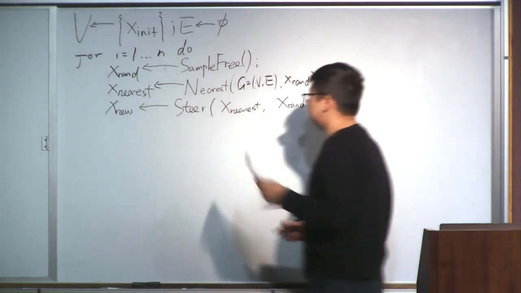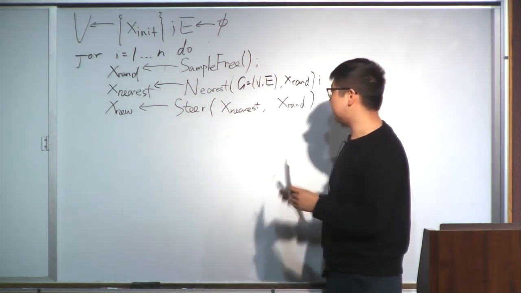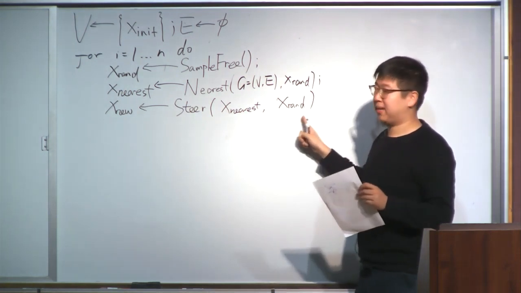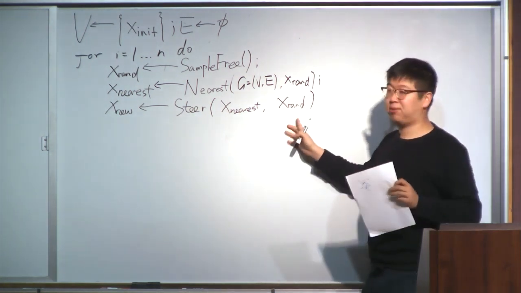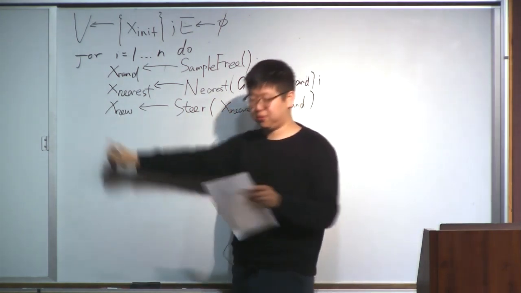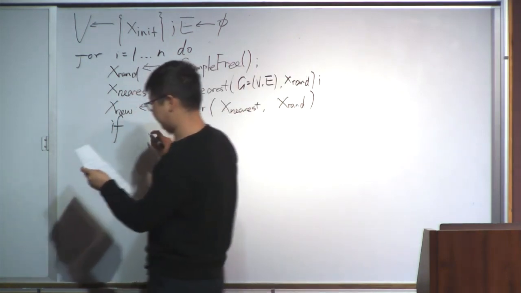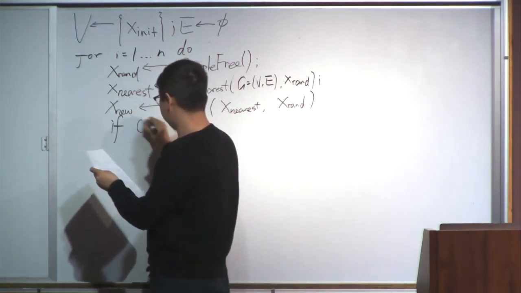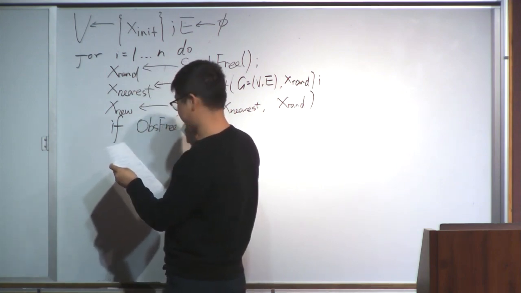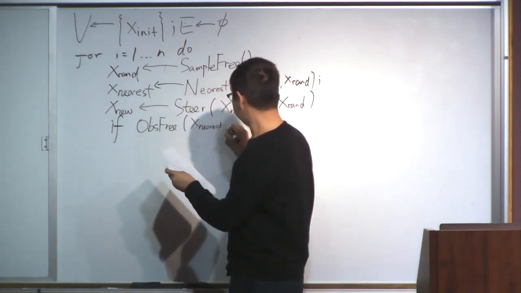This is similar to the select input: you want to start from x nearest to go to x rand, but actually you cannot reach x rand because there are certain limits, so you just go to x new. And we want to check if it's obstacle free between x nearest and x new.